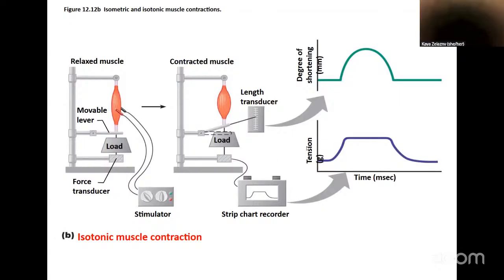Our graph of tension would look a little different, because once we are able to move the thing that we're pushing or pulling on, we see our muscle overall shortening and the tension flattening out as you put in just enough force to move the object. So we see shortening and a leveling out of tension in an isotonic twitch.